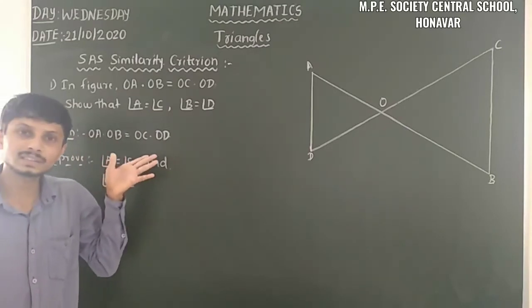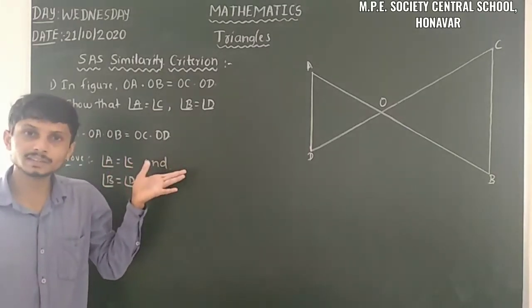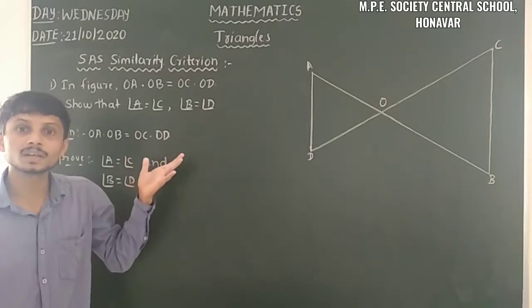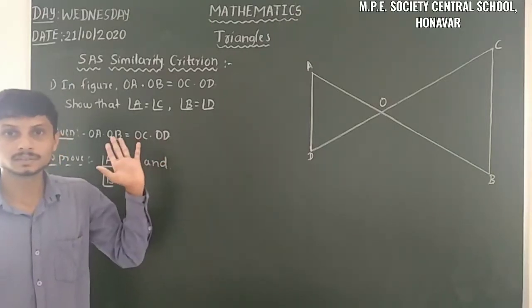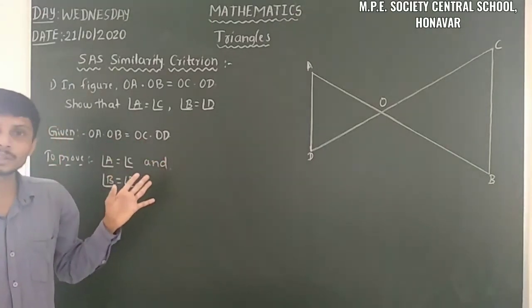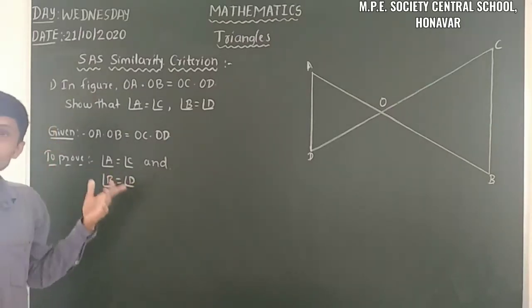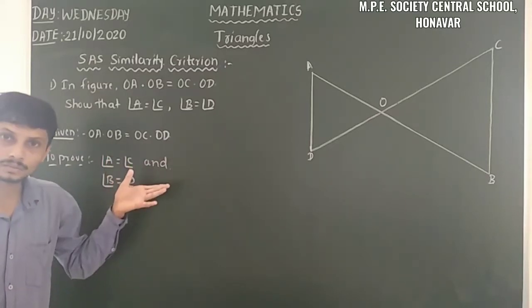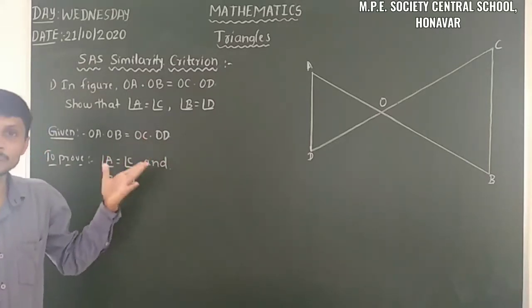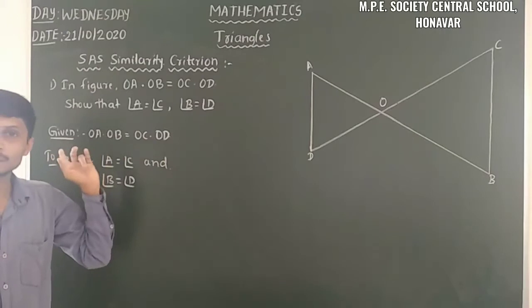So it looks like we can get some proportionalities of corresponding sides. For that we have to consider any two triangles. Firstly, before that, we have to see what proportionalities we get from this equation.